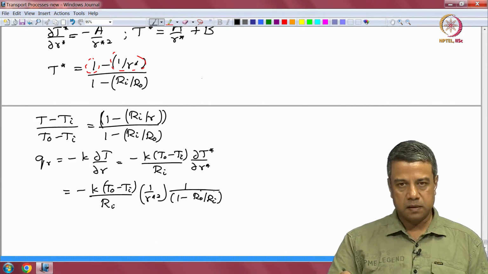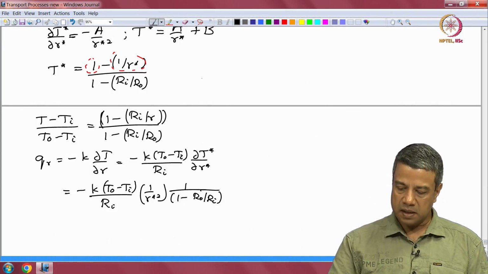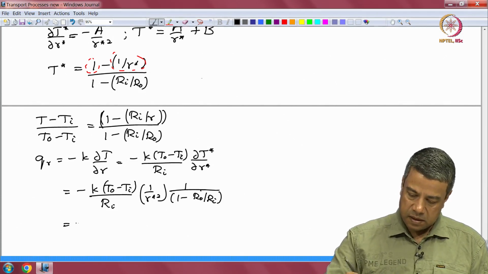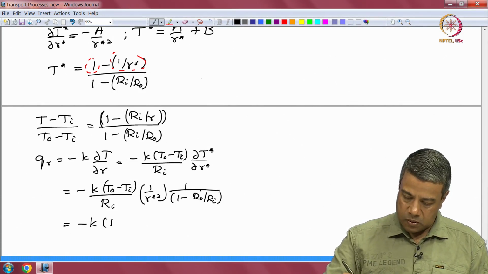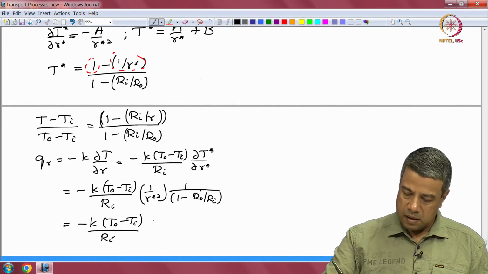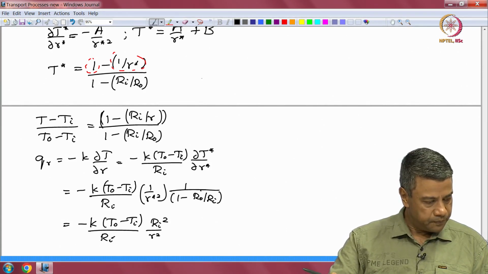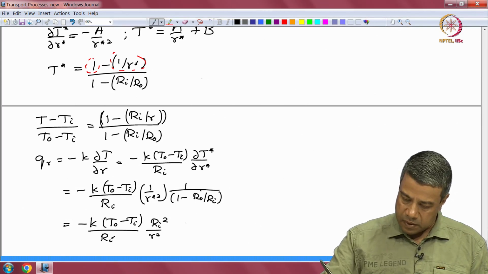in the denominator. Okay, and R star is R by Ri. So you get minus K into TO minus TI by Ri, Ri square by R square, into 1 by 1 minus Rho by Ri.